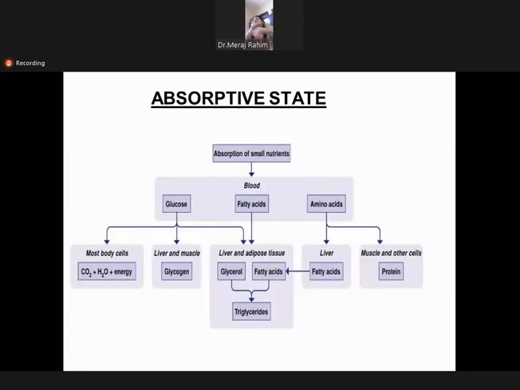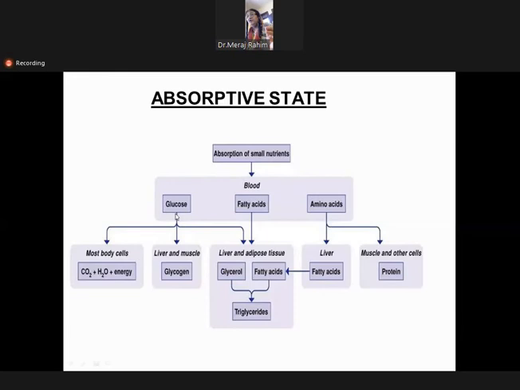So if you look at this picture, it is in a nutshell explaining how the things are absorbed, and then the nutrients which I mentioned, that is the glucose, the fatty acids, the amino acids. You can see that the absorption of the nutrients occurs.